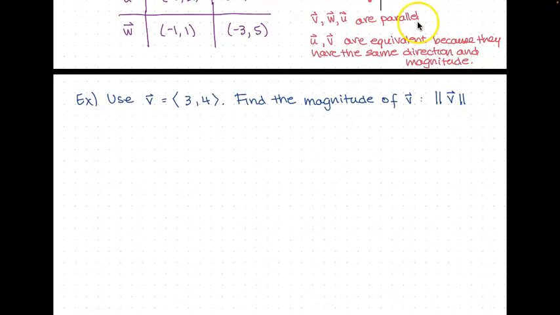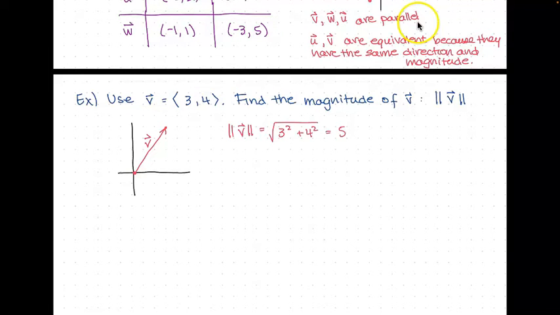If we draw a quick picture, I think it will become obvious. If I start from the origin, vector v says go to the right 3 units and up 4 units, and we have this. Can you guys tell me how long vector v is? It is 5, because it's the Pythagorean theorem. You can make a right triangle out of it. So the magnitude of vector v is the square root of 3 squared plus 4 squared, which is a Pythagorean triple.